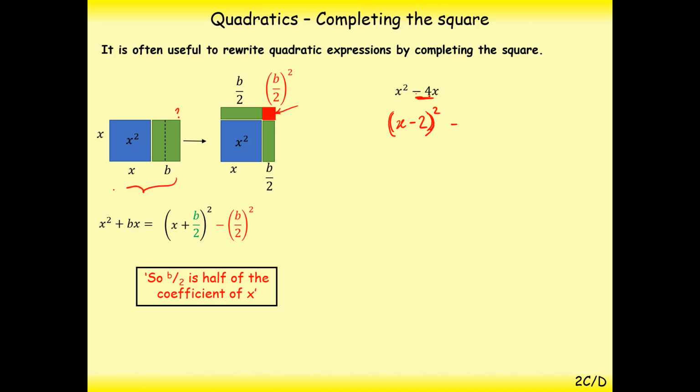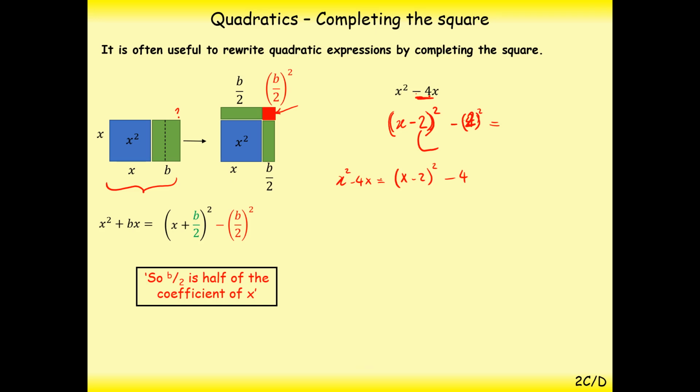So we need to subtract the square of the 2, and the square of the 2 is 4. I could have written 2 squared here, and then on the next line I would have x minus 2 squared minus 4. So that's the completed square form of x squared minus 4x.